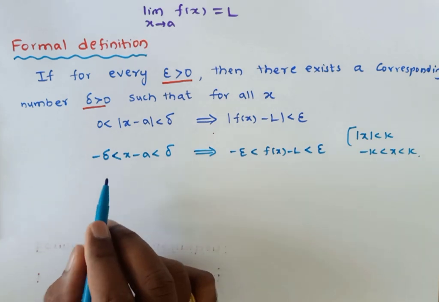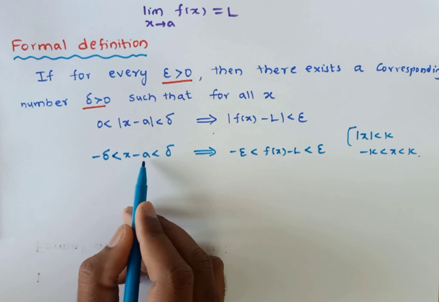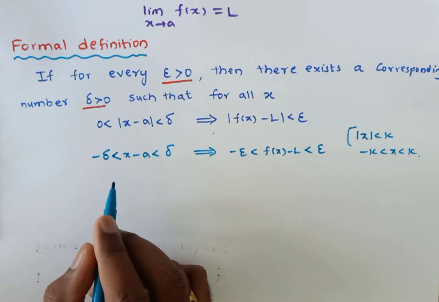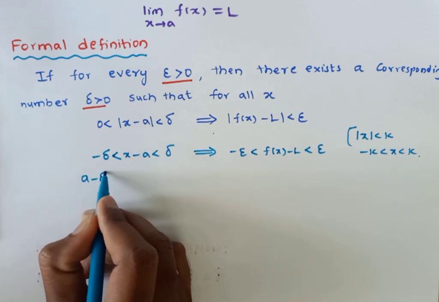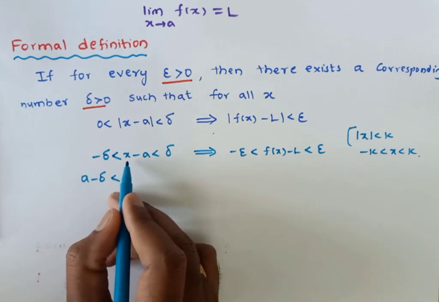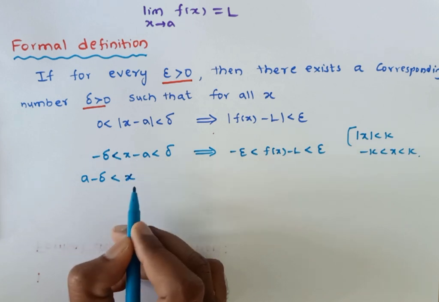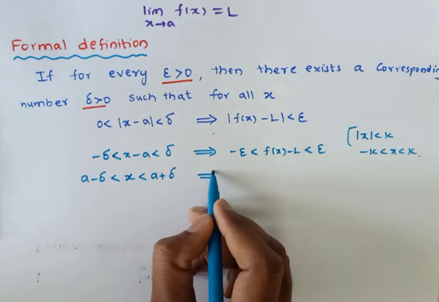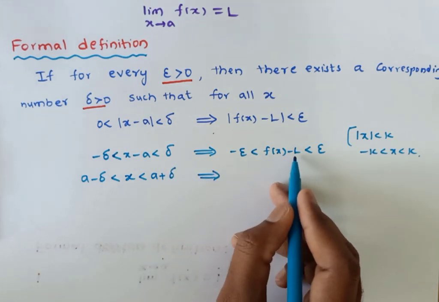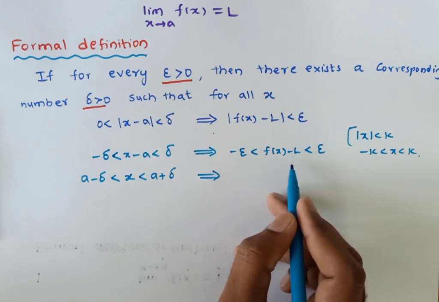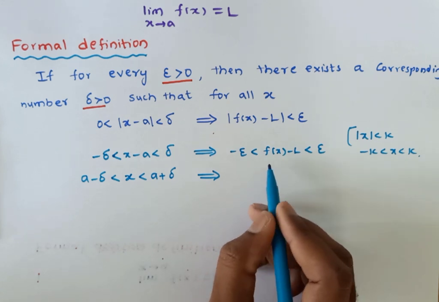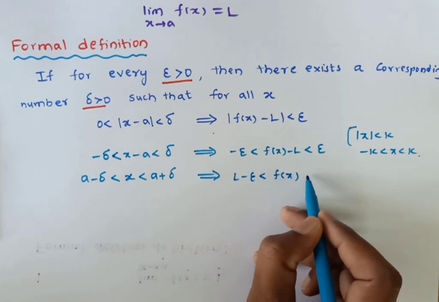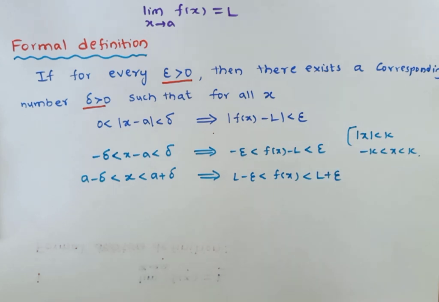Now, adding a to the entire inequality, we get a minus delta is less than x minus a plus a, which is x only, less than a plus delta. Similarly, adding L to the entire inequality, L minus epsilon is less than f of x is less than L plus epsilon.